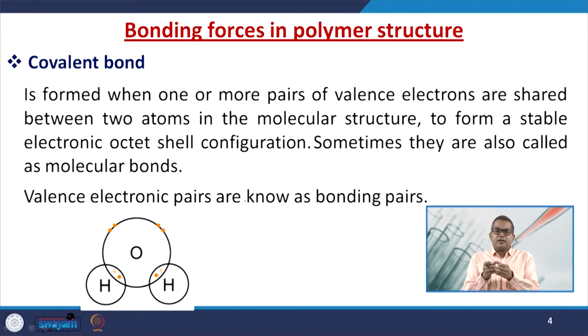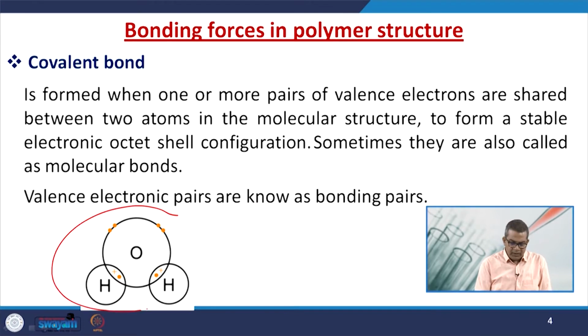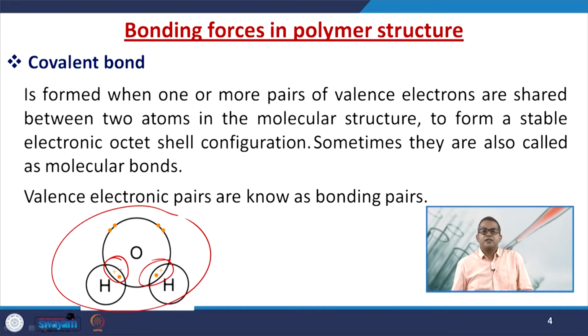So, it is sometimes referred to as a molecular bond. You can see in this figure that there is a sharing of valence electrons between the two atoms of oxygen and hydrogen, and there is a sharing of these valence electrons.